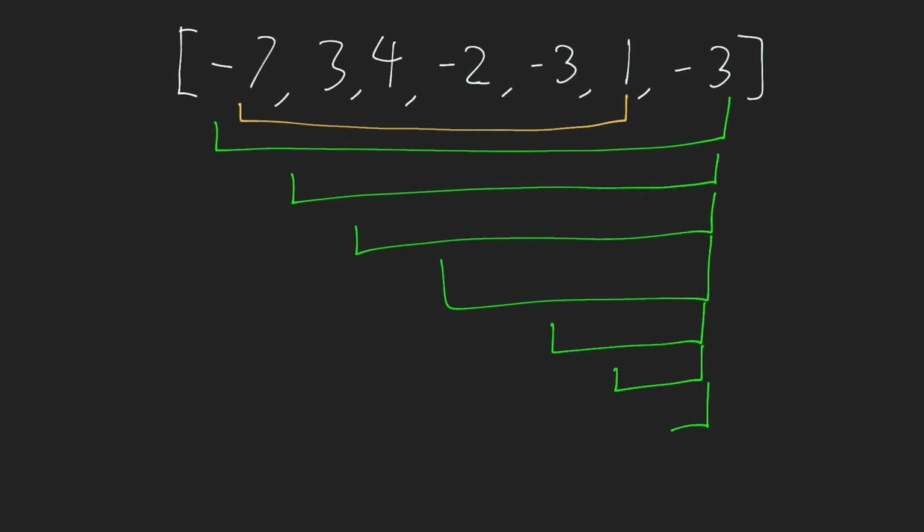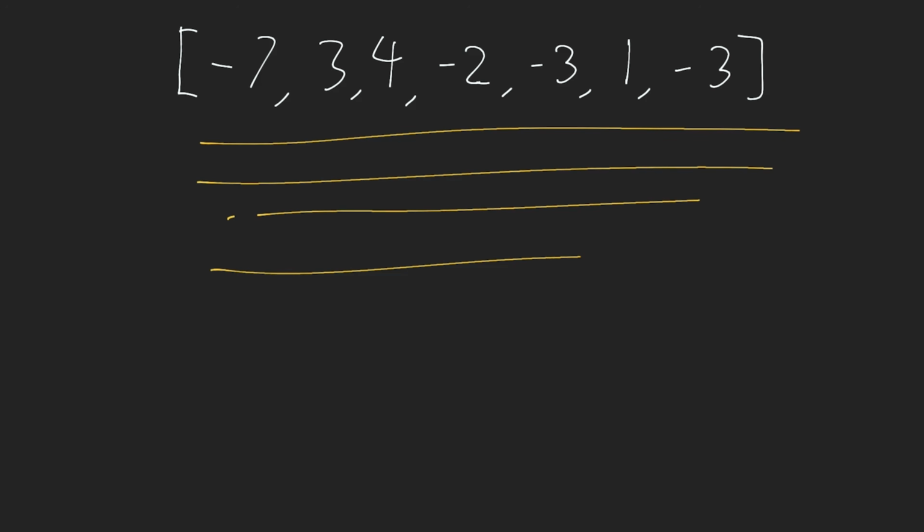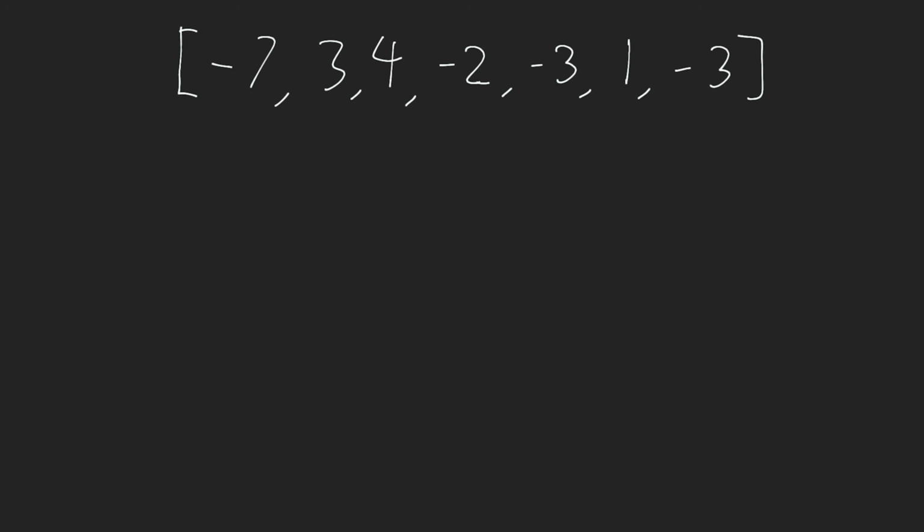So you get this massive amount of arrays that we need to look at, and then of all of those subarrays, we've got to find what the minimum sum is. So this is the naive approach to solving this problem. You find every single subarray that exists, you find the sum of those subarrays, and then you figure out what the minimum sum is of all those different subarrays. So that's possible. All of you can probably write that code, but that is not optimal. So at least hopefully that explains the problem.